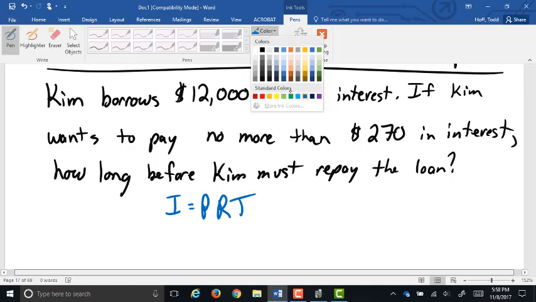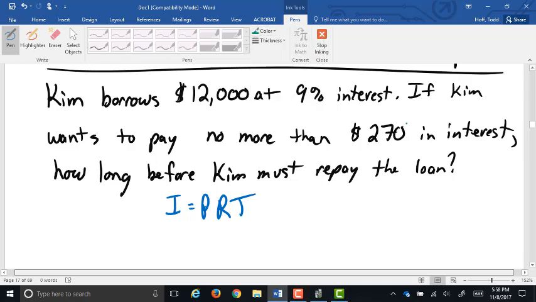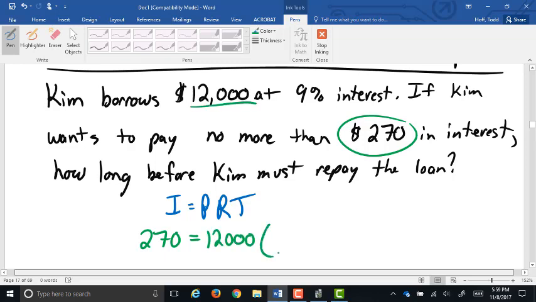Do we know I? That's 270. Do we know P? It is 12,000. Do we know R? It is 0.09. 9% as a decimal.